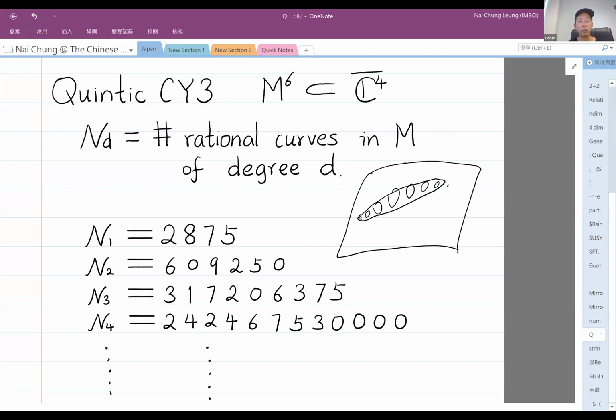So they tell you all these numbers, and then they want to check whether they're consistent with mathematical computation. They checked that n equal to 1 is correct, n equal to 2 is correct. And so people tried to compute n equal to 3 mathematically, and it turned out that the computation is so complicated. It was the same type of computation, called Schubert calculus, but quite complicated in this case.